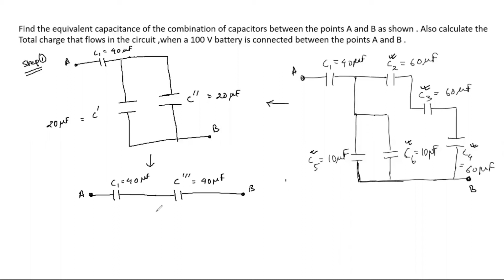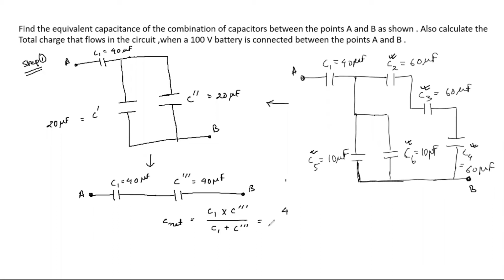Our next step, the last step, they are connected in series. So we are going to have the equivalent capacitance, C net. Since two capacitors are connected in series, we are directly going to solve it: C''' times C1 by C1 plus C'''. Now C1 is 40.